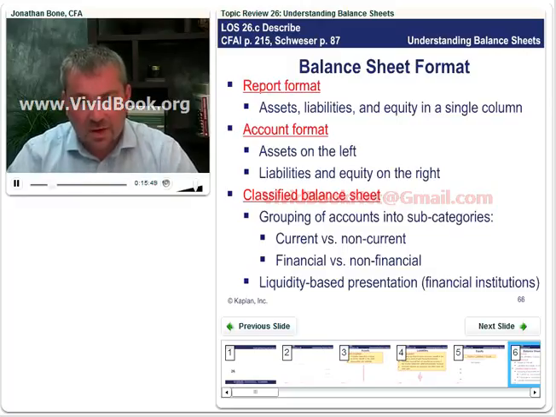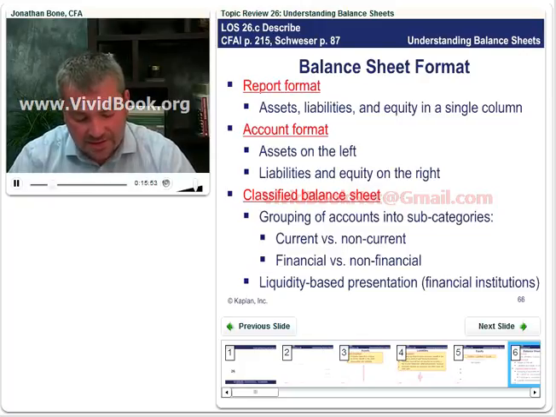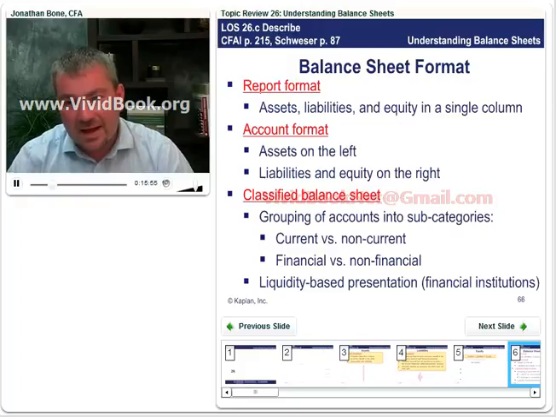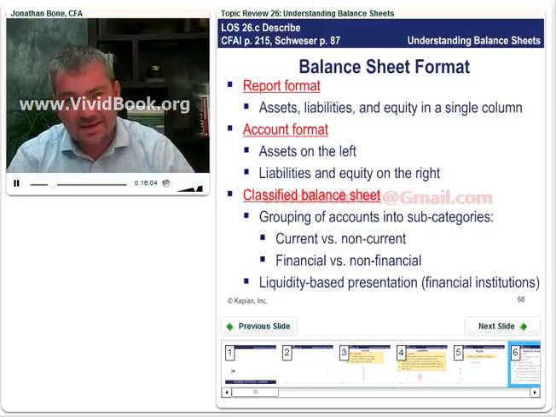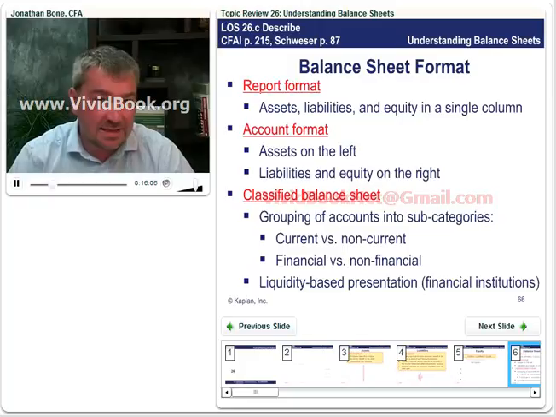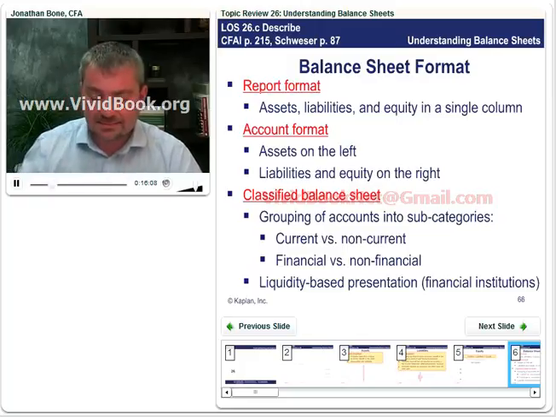Just be a little bit aware that we might find liquidity-based presentation rather than the distinction of current versus non-current. And as we've said in brackets here, this is common in financial institutions, where essentially they list out their assets from cash all the way down to the least liquid assets in terms of intangibles and deferred tax assets.